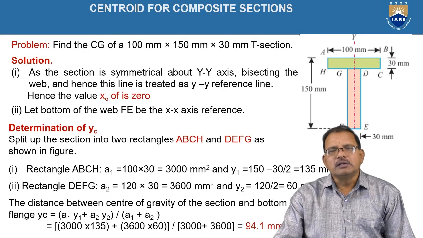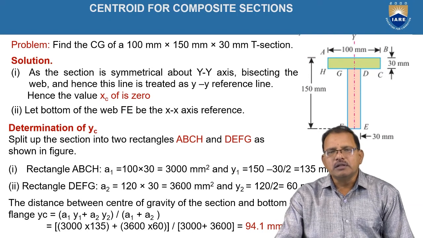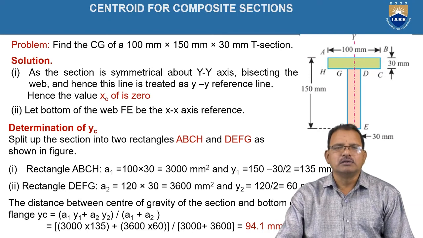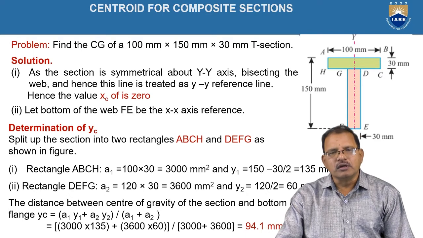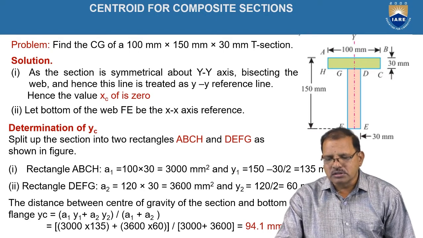Here, find the center of gravity of the T section which is shown in the figure. The object is divided based on regular figures such as rectangle, square, triangle, semicircle, circle and so on.